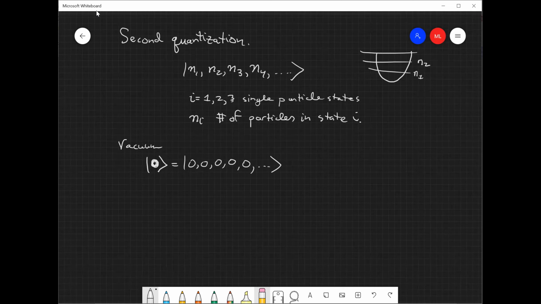So what you want is, you can define, for instance, a creation operator.